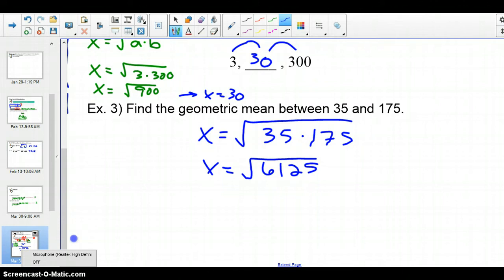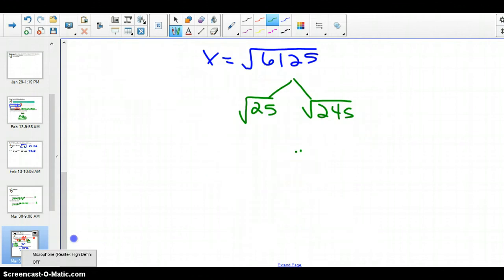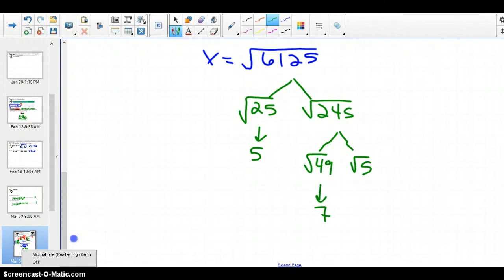Try your best to simplify this. I can see right away that 25 is a common factor, so this is radical 25 times, and if you have your calculator, you can do this, radical 245. All right, so I know this is just going to become 5, but let's see if I can simplify this anymore. So radical 245 is radical 49 times radical 5, and this becomes 7.